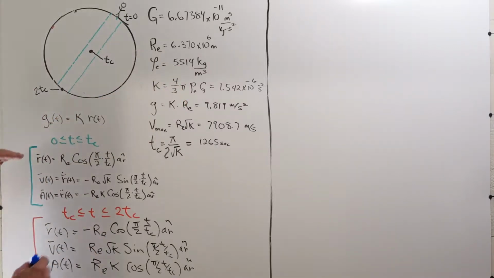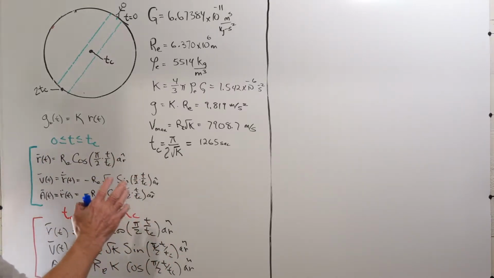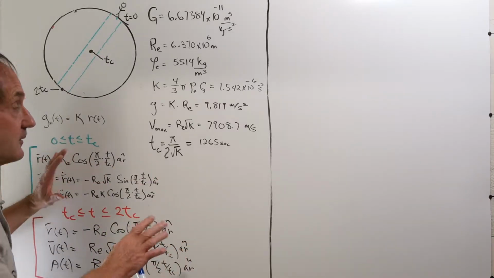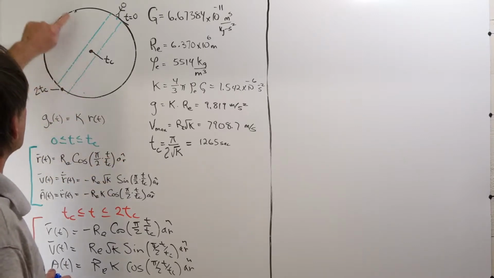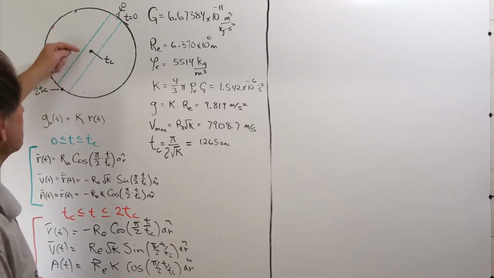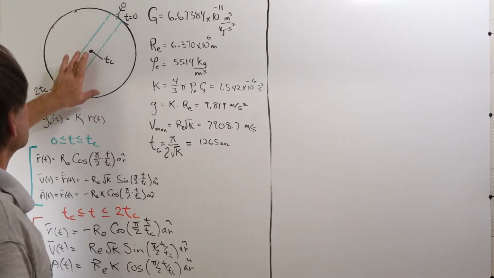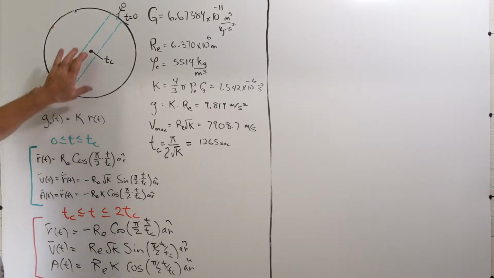Now, why we ended up with two equations here is I tried to do everything with vectors in polar coordinates, where our a sub r vector is directed radially outward. So the positive direction is always in any direction from the center of the earth.